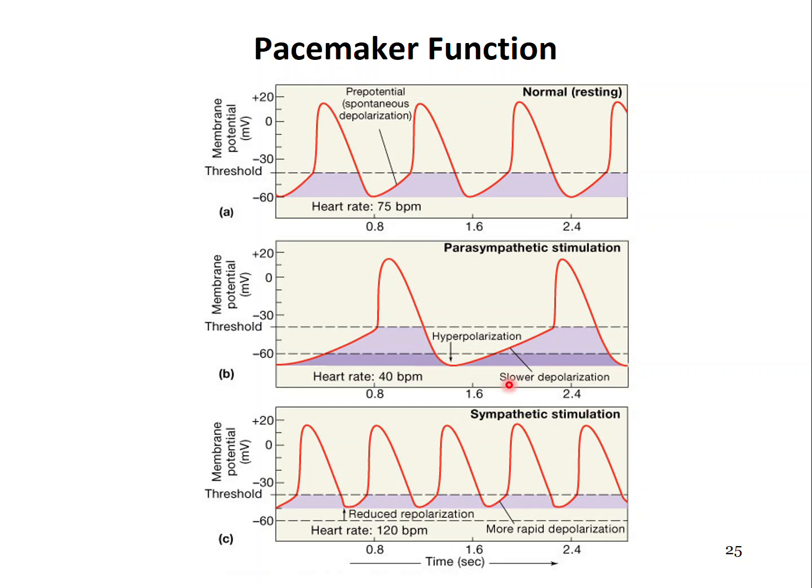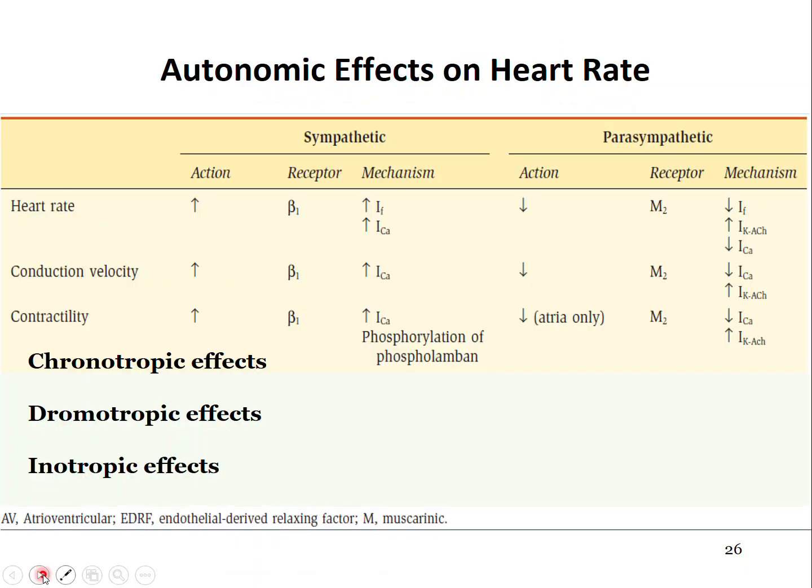But with sympathetic stimulation, the resting membrane potential will increase from minus 60 to minus 50 or minus 55, and the slope of the depolarization during rest will increase. So it reaches the threshold faster, we generate action potentials faster, and this leads to an increased heart rate. So sympathetic activation gives a higher heart rate, and parasympathetic activation gives a lower heart rate, which can control the heart rate and thereby the heart pumping.